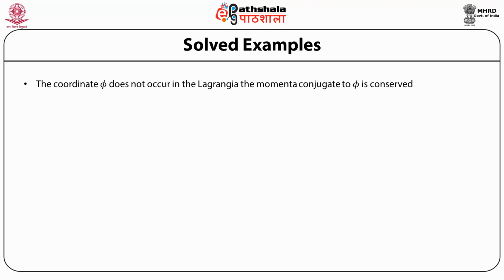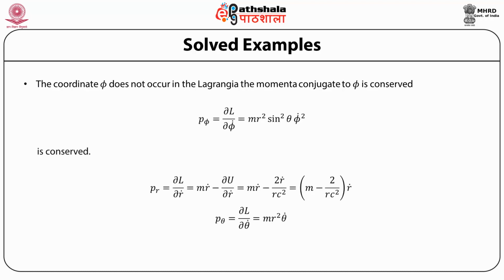The first thing to notice is that phi does not occur in the Lagrangian. So phi is a cyclic variable and the momentum conjugate to phi is conserved. Therefore, p_phi, which is the partial derivative of L with respect to phi dot, is equal to m r square sin square theta phi dot and is conserved.